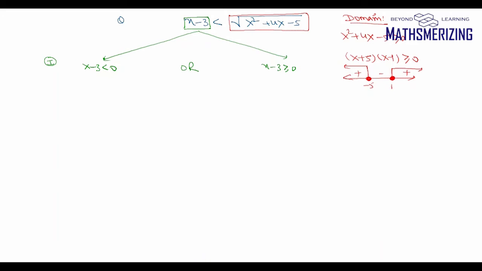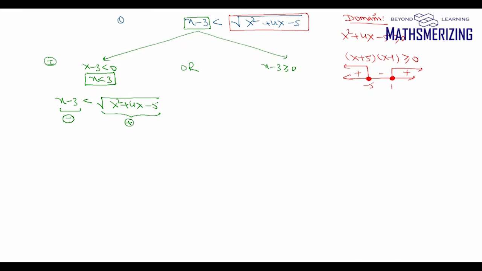So x minus 3 is negative when x is less than 3. So when x is less than 3, the inequality I have is x minus 3 is less than under root of x square plus 4x minus 5. On the left hand side, I have an expression whose value is negative, and on the right hand side, I have a positive square root.